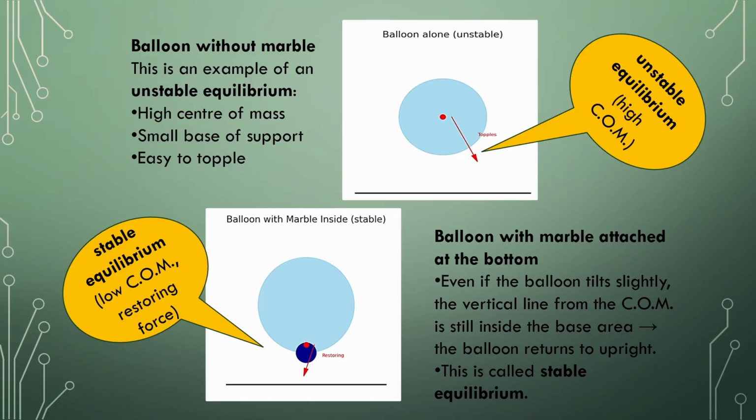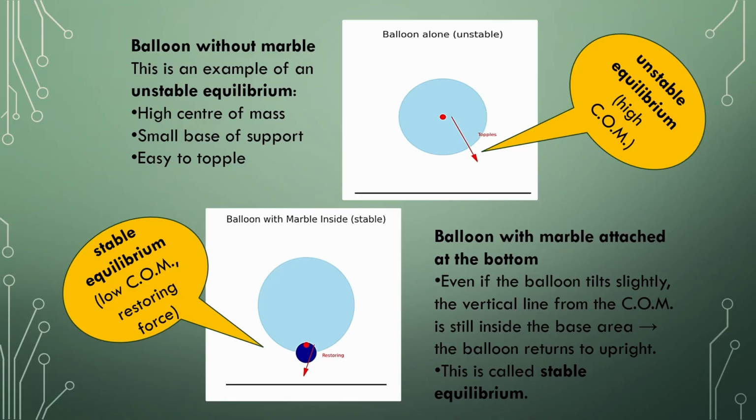But in the case of the balloon with a marble, even if the balloon slightly tilts, the vertical line of the center of mass is still inside the base area. So the balloon returns upright. This is an example of stable equilibrium. Here the restoring force acts in such a manner that it returns the balloon towards its equilibrium position.